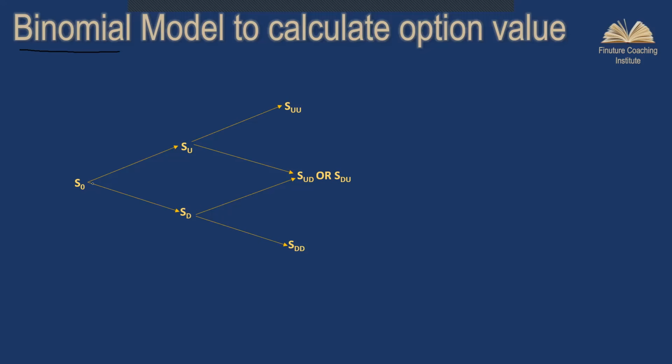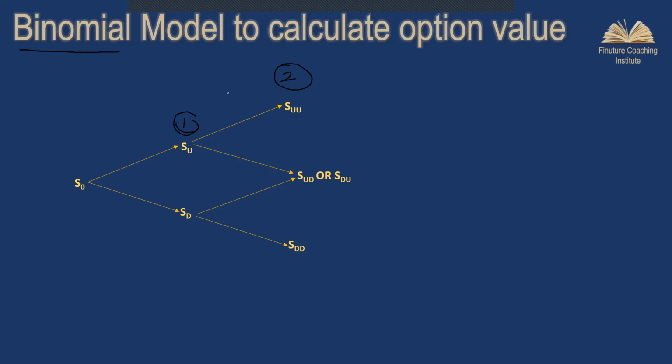We'll assume that it will either go up or go down. There are no interim values, so that's why it's a binomial model.